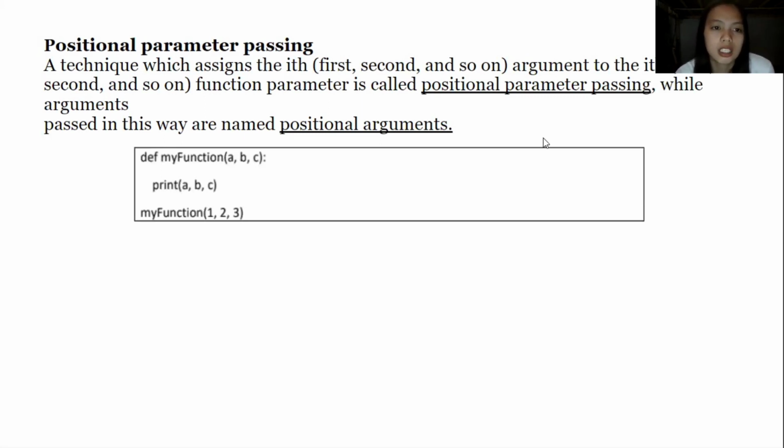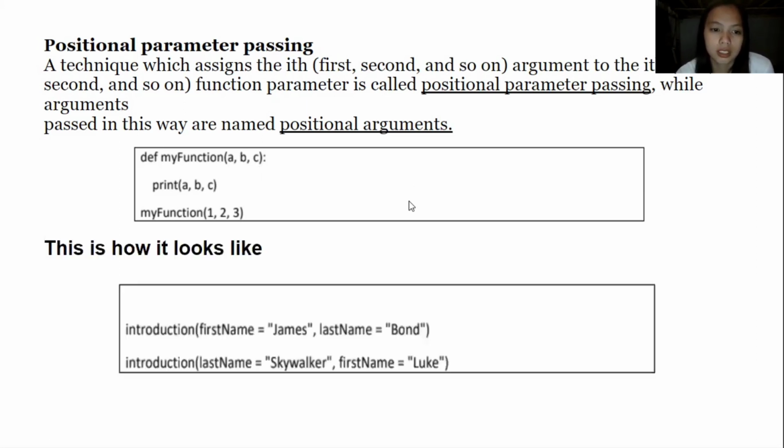So like this, def my function, open and close parentheses, ABC, whatever you put here. Then print, my function. So this is how it looks. Then introduction, open close again. First name, James, and the last name is Bang. And the second one is, this time, last name Skywalker, and first name is Luke.